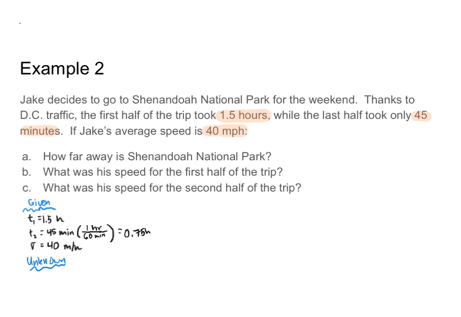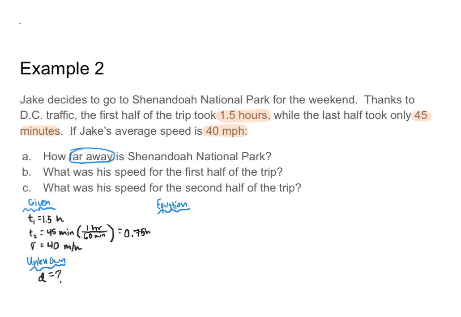I am ready to write out my unknown. From question A, I know that I'm trying to figure out how far away Shenandoah National Park is. So when I see far away, I should immediately think distance. So my unknown is going to be distance. Now I'm ready for my equation.